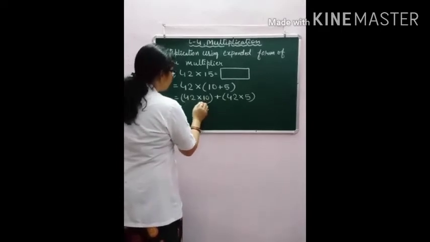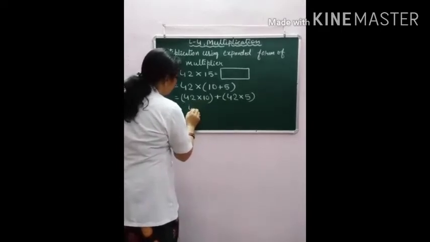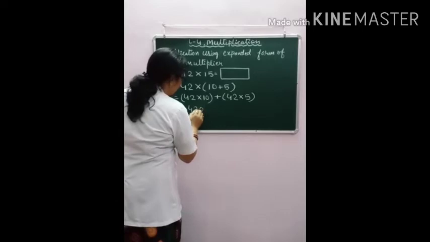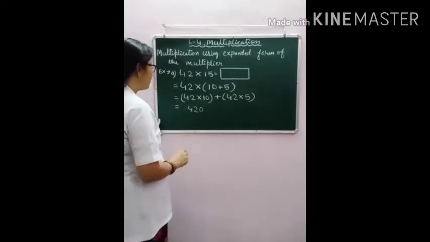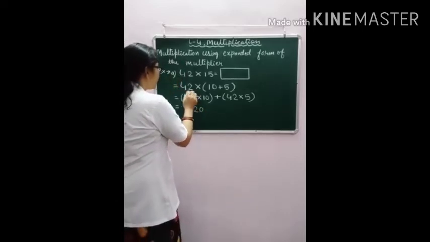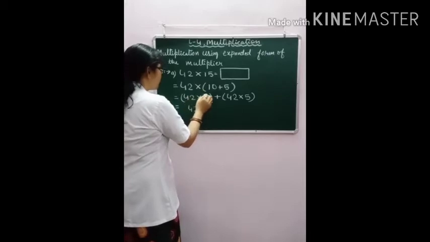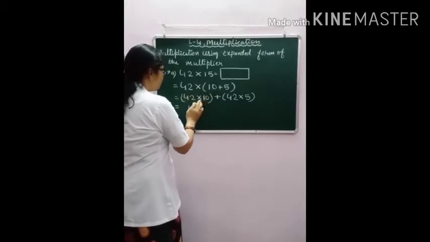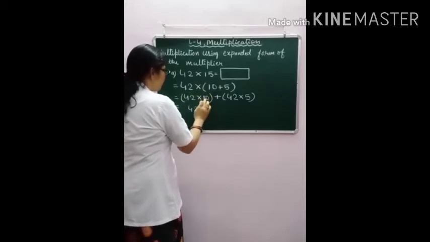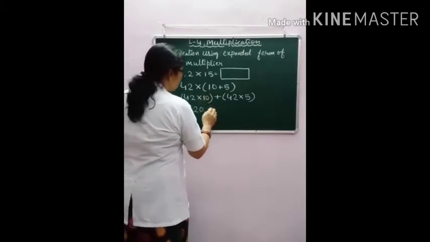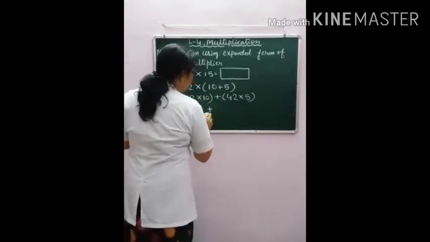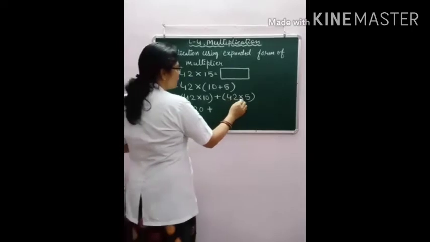So, 42 into 10 is equal to 420. Look how I am multiplying. I am multiplying 42 by 1. So, 42 by 1 is 42 and we will put 0. Now, we will put a plus sign and after that 42 into 5.